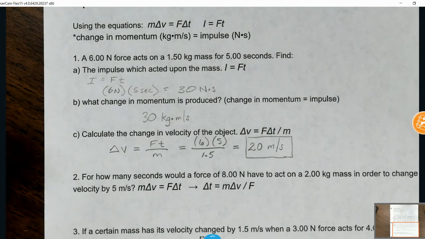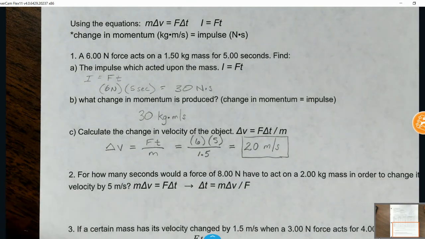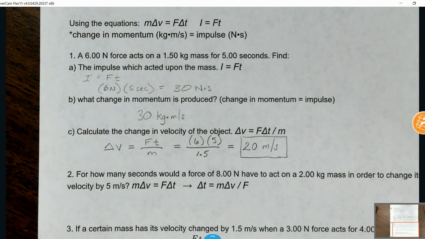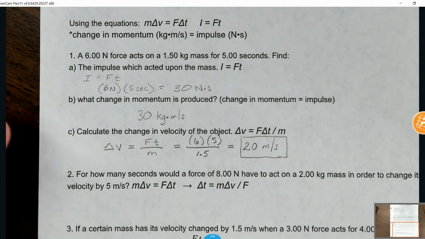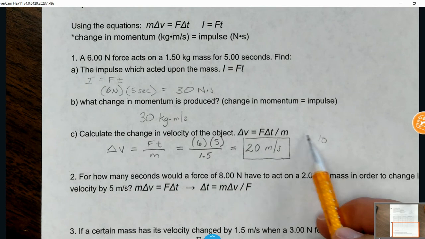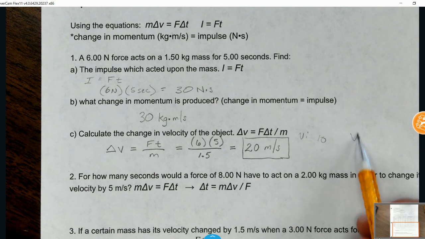So if this thing was originally at rest, what would its final velocity be? 20. If it were originally at 10 meters per second, what would its final velocity be? If the velocity changes by 20, let's say VI was 10, and the change is 20, that means the final velocity would have been 30.